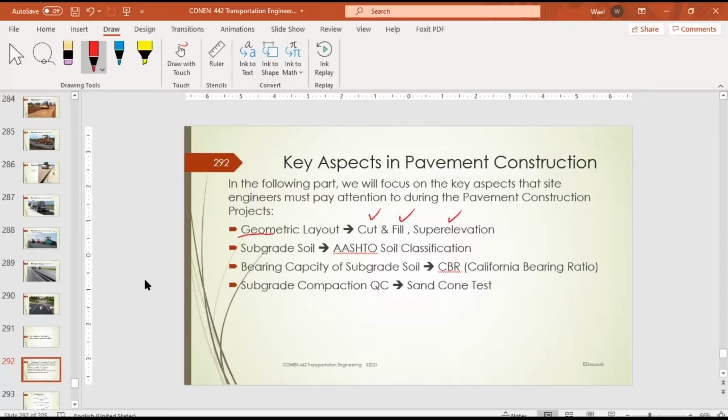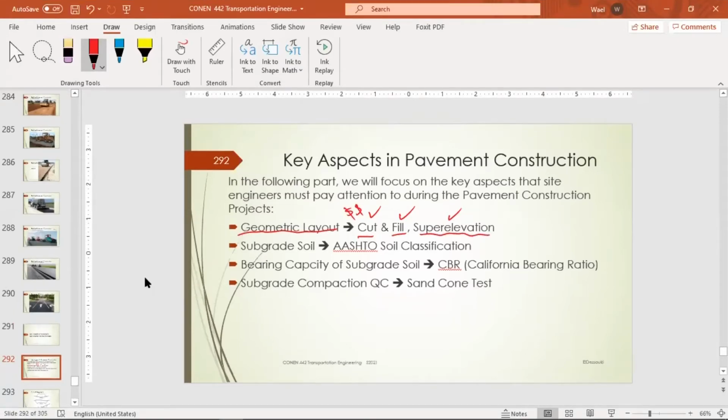That's the surveying part. You need to be able to identify the quantities of cut and fill, because this means a lot of money. And the super elevation means safety in the construction and the design itself, that you are doing the design correctly.